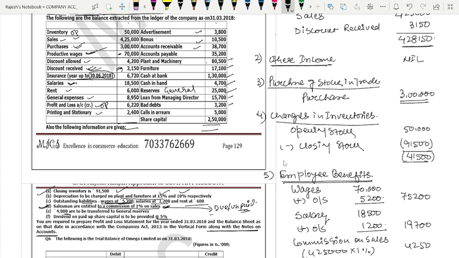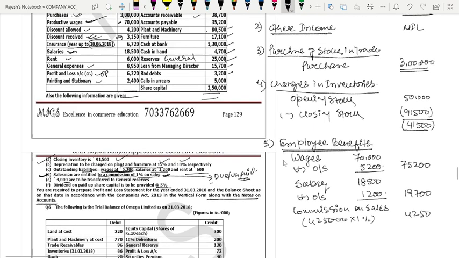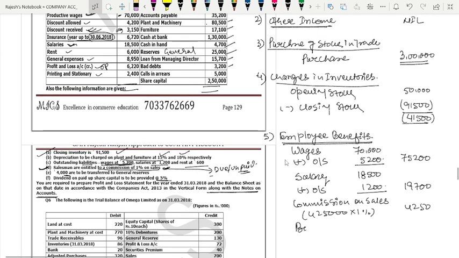After this, is there any other amount? Bonus is given. Bonus is always paid to the employee. Bonus 10,500. There is no contribution to PF, there is no other payment, staff welfare like this.